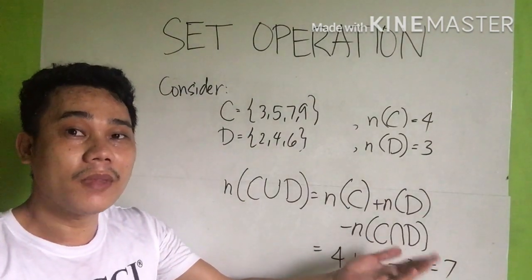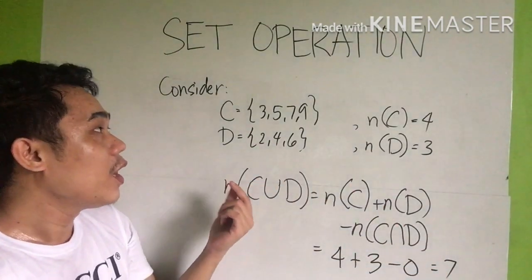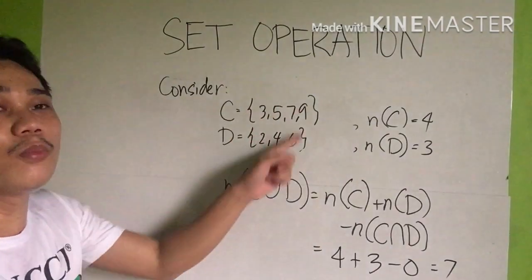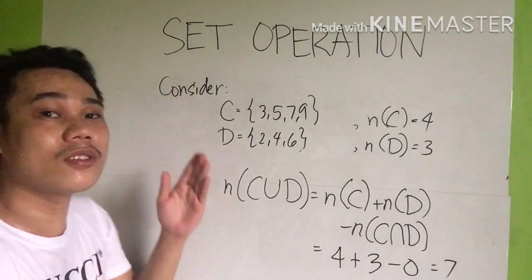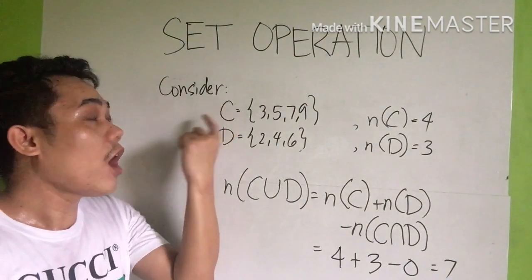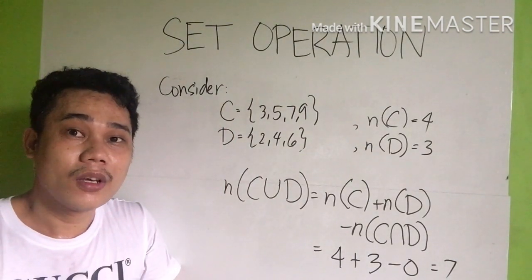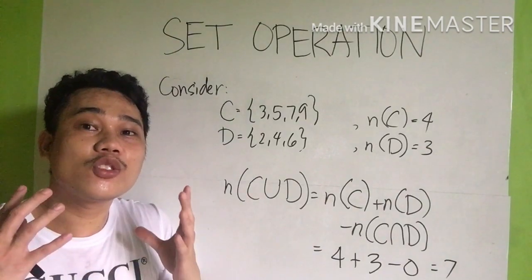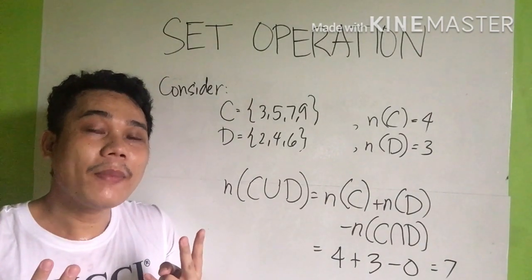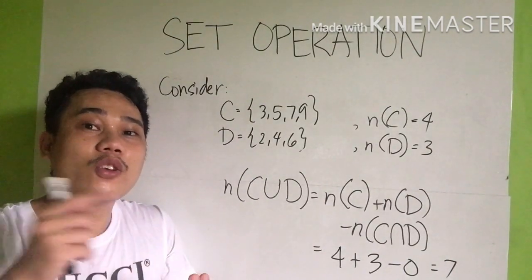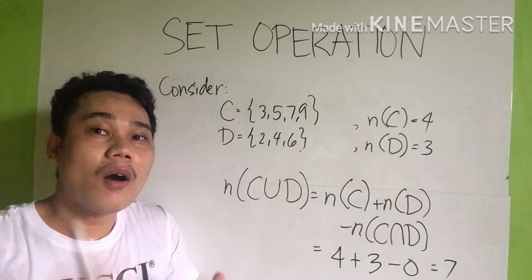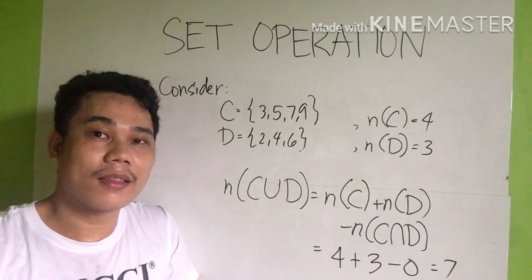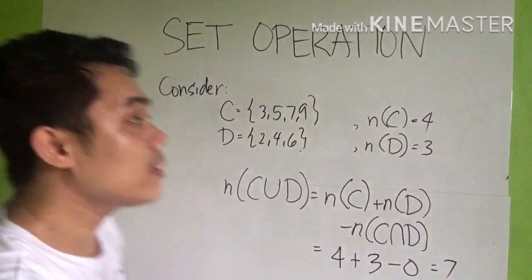You can observe that in our earlier examples, C union D is actually the whole set. As you have also observed, C intersection D, as I said earlier, is mutually disjoint. In other words, when two sets are mutually disjoint, the cardinality of the union of the two sets is just the sum of the cardinalities of each set.